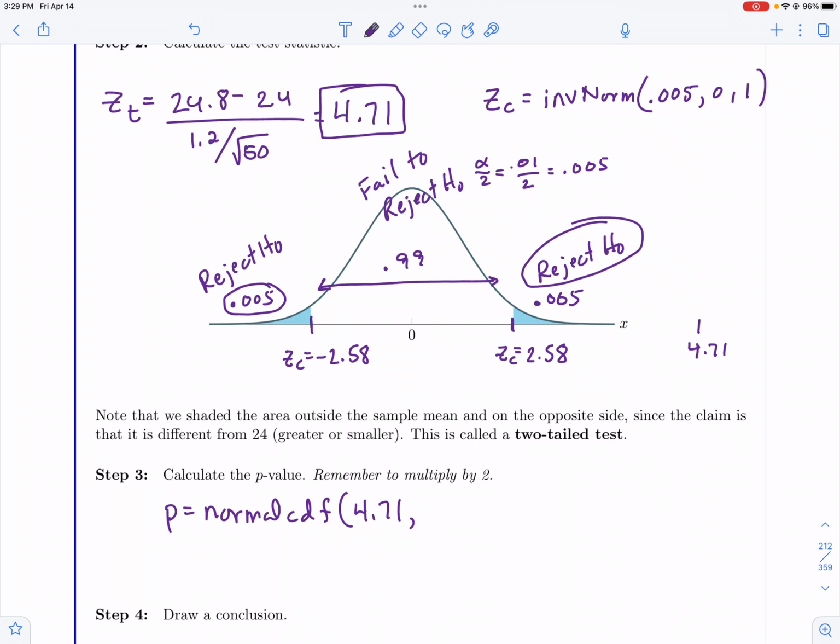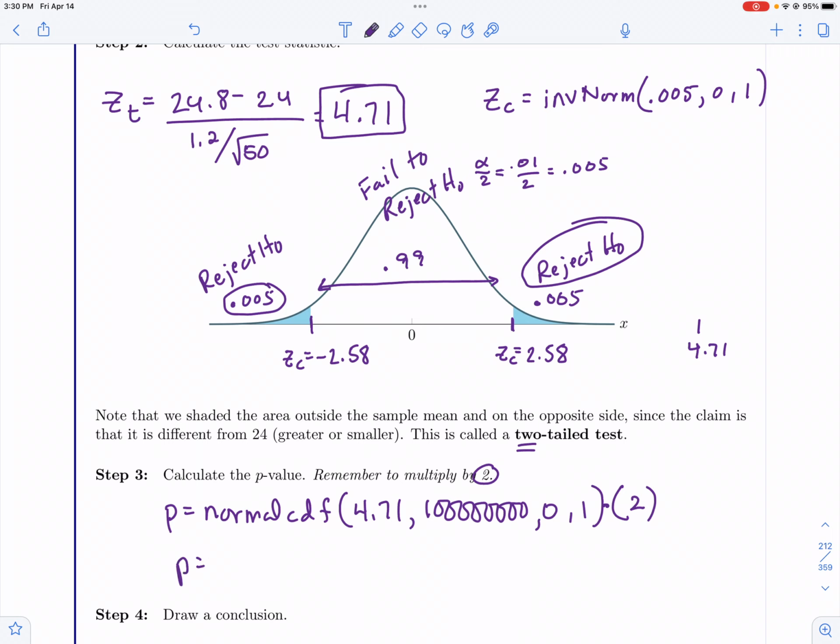If it were in the blue on the bottom, then I would calculate this as its upper bound. But since our 4.71 is on the high side, I want to set this as our lower bound, and then some ridiculously big number, and then 0, comma 1. And since this is a two-tailed test, we're going to multiply this whole thing by 2.